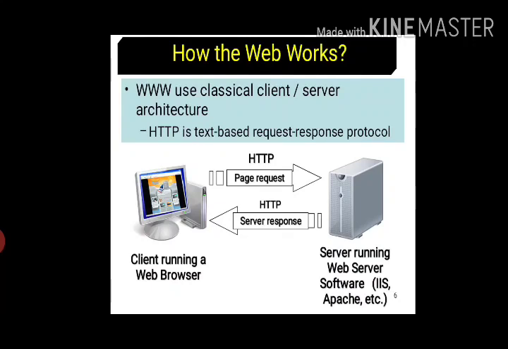This is called the client system. The client system requests a page through an HTTP request message, and the server system, which handles all these pages, gives a response through an HTTP response. The server software used is IIS or Apache, etc.